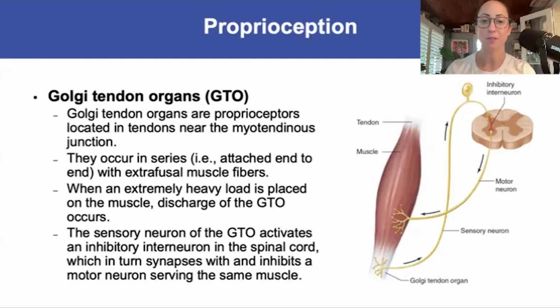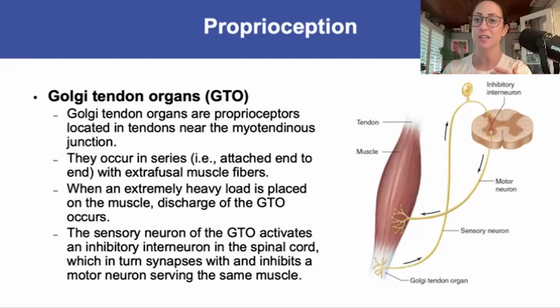When that stretch happens, the sensory neuron from the GTO is going to travel to the spinal cord, where it actually synapses, instead of with the motor neuron right away, with something in between called an inhibitory interneuron. Then that inhibitory interneuron is what synapses with the motor neuron, and it's telling the muscle to relax as the motor neuron sends that inhibitory signal back to the original muscle.